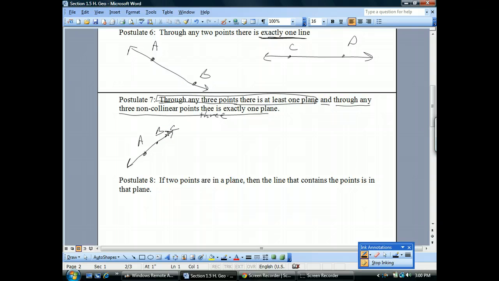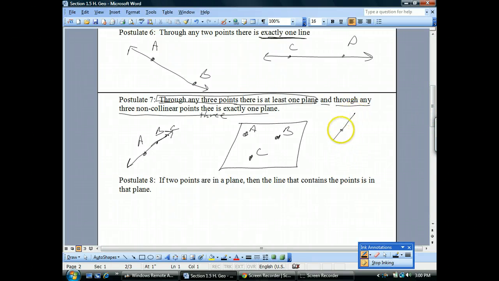And actually, there's infinite planes that would go through those 3 points, because the planes could go through at different angles. But through any 3 non-collinear points, you can only have one plane. It's unique. Anytime you have 3 non-collinear points, they represent a unique plane.